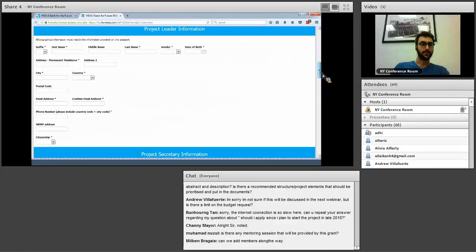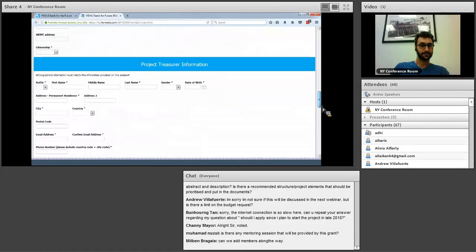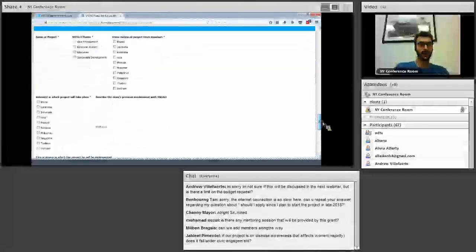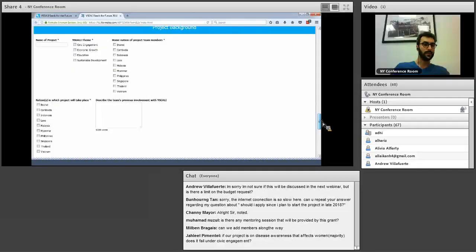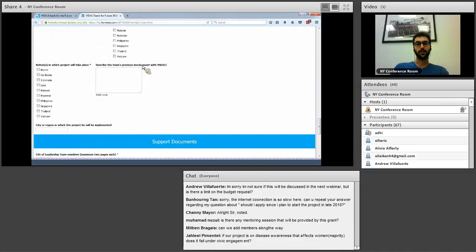Here you'll fill out information about people on your team. This part you'll say the name of your project, the theme, the nation of your project, and team members. Where will the project take place? Describe previous involvement with YSEALI. If you've done any YSEALI programs before, make sure to list it here. And city and region where this project will take place.